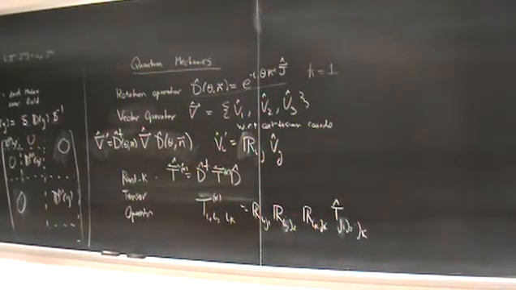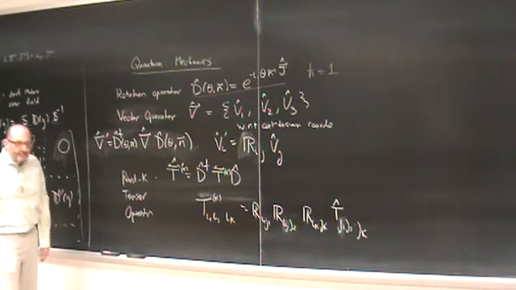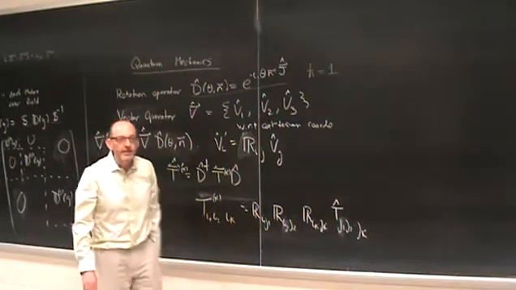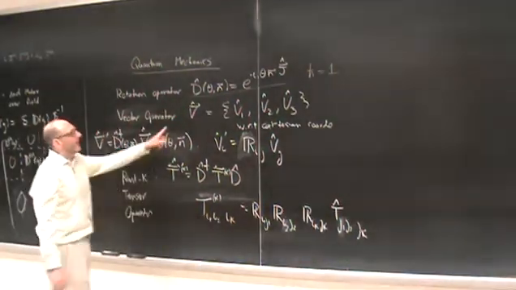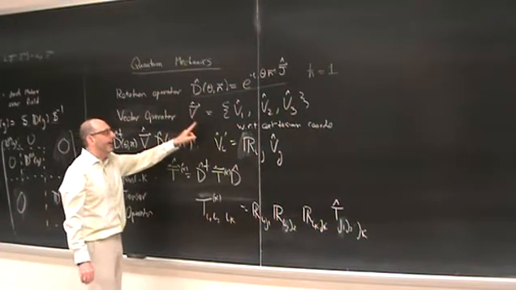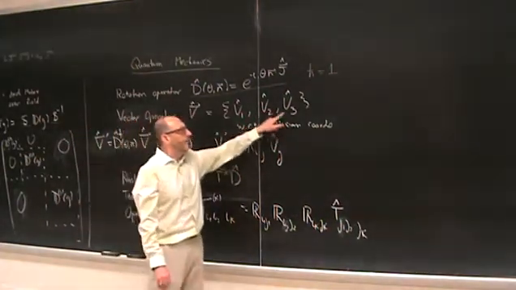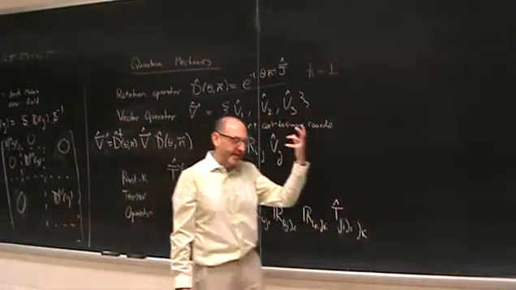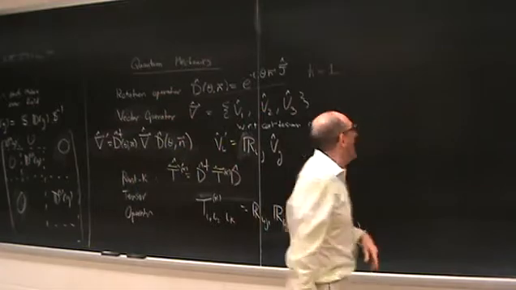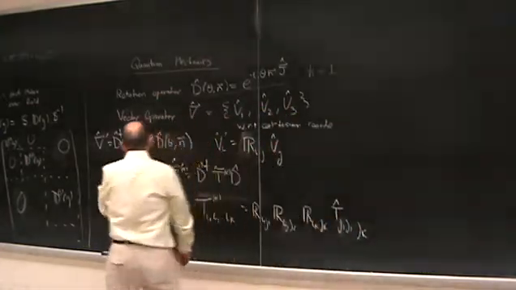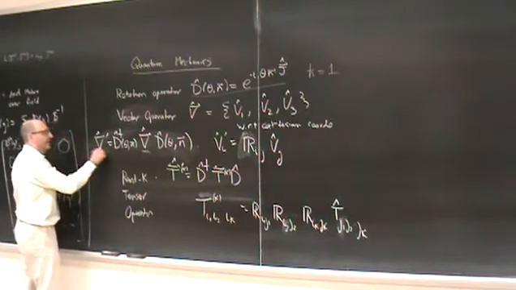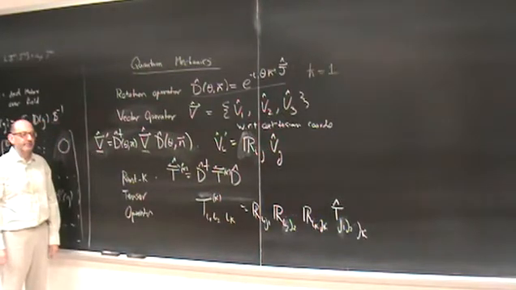A vector operator is a collection of 3 operators with respect to a Cartesian coordinate system. Under a rotation, this vector operator goes to a different vector operator.